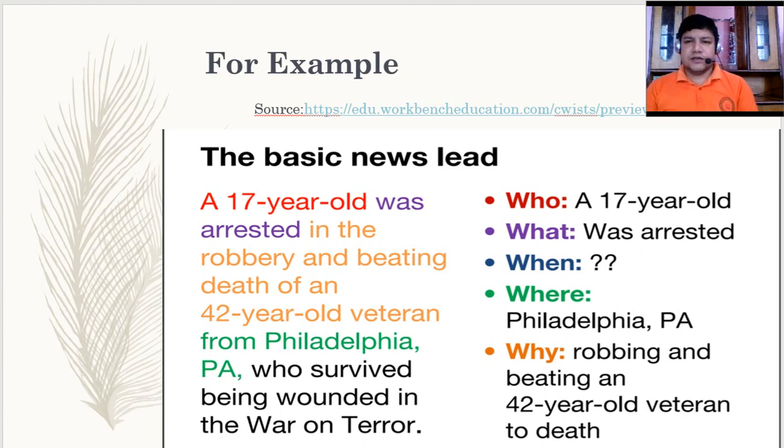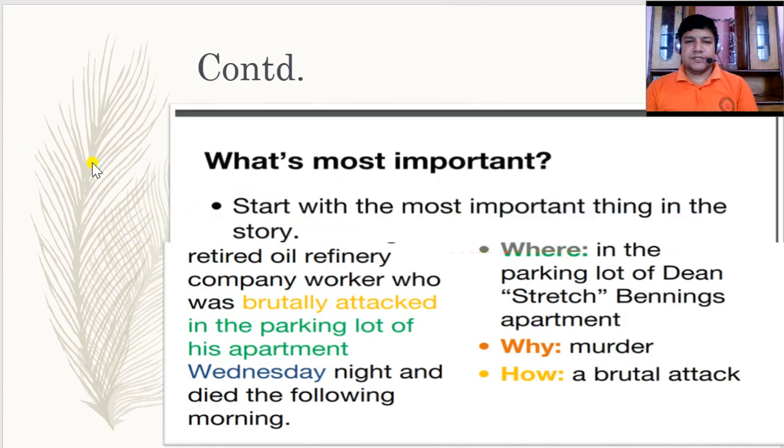It would be better if time was mentioned here, and the reason, cause is also mentioned here. That is related to why question. So why he was arrested? The reason is because he was arrested on the charge of robbing and beating a 42-year-old veteran to death. This is an example. Let me present another also.